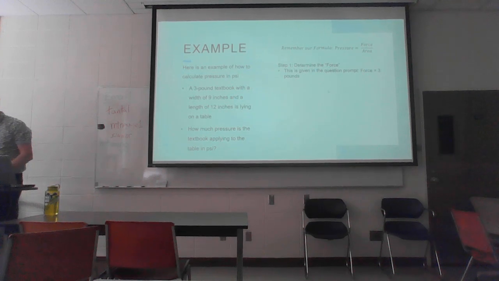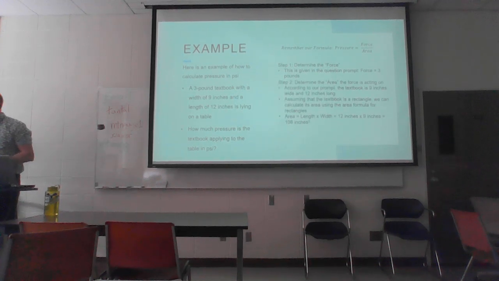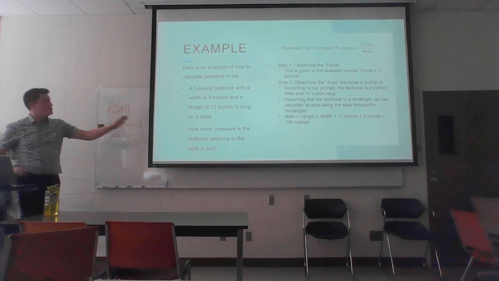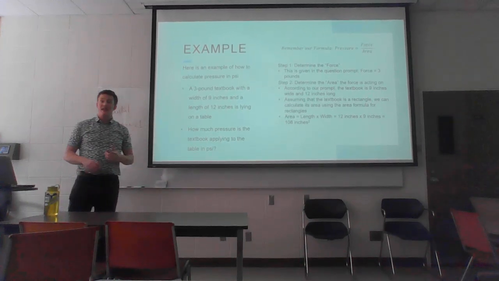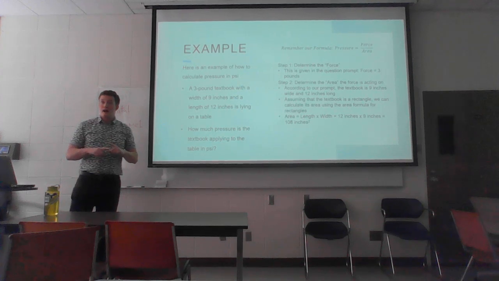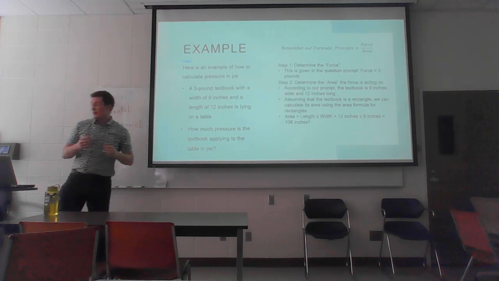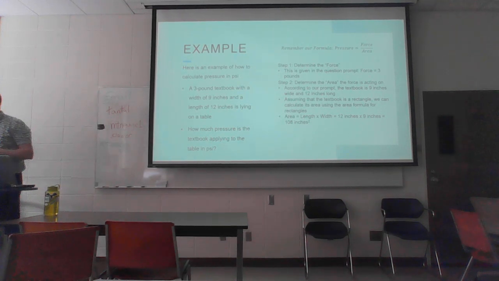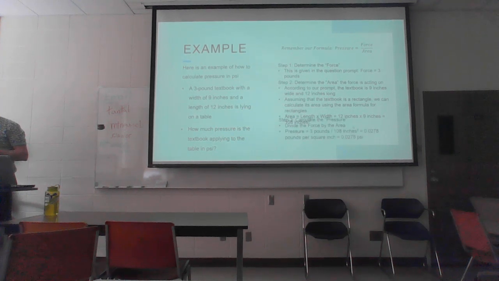It says that it's 3 pounds. Next is to determine the area. We take the information given, which is 9 inches by 12 inches. And as we learned in math class, to find the area of a rectangle, we just multiply the two. That gives us an area of 108 inches squared.